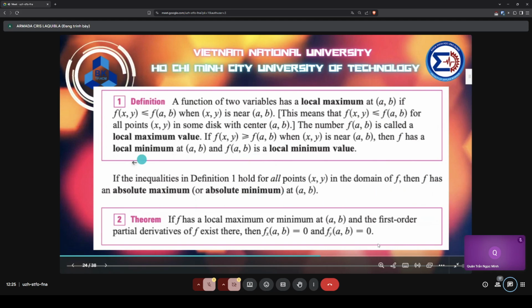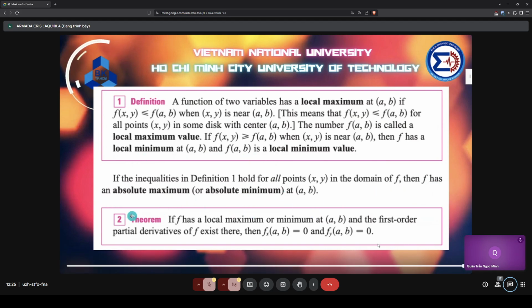So f has an absolute maximum at a, b, or has an absolute minimum if all the values f of x, y are greater than or equal to f of a, b. So there are two cases.